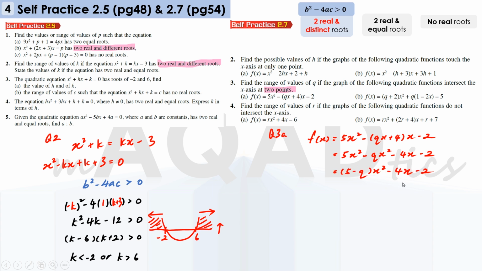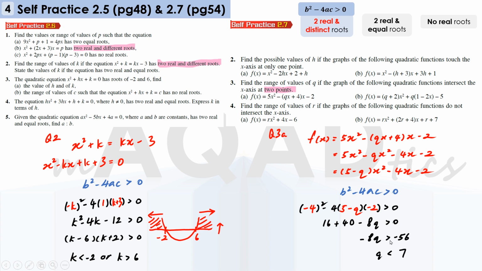So this is the equation I should use to find a, b and c. So a is this one, b is negative 4, c is negative 2. So I substitute inside this equation and simplify a bit. This 16 and 40, I add them up and move to the other side. Then this negative 8, I move to the other side, so the sign will change. So it will be q less than 7.